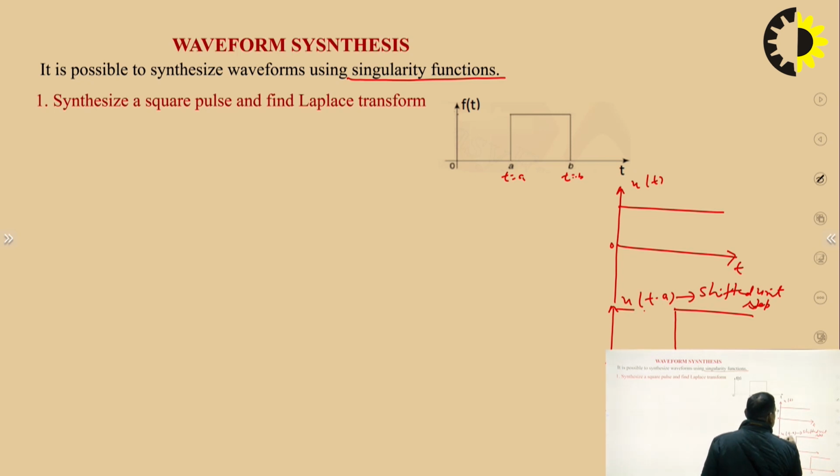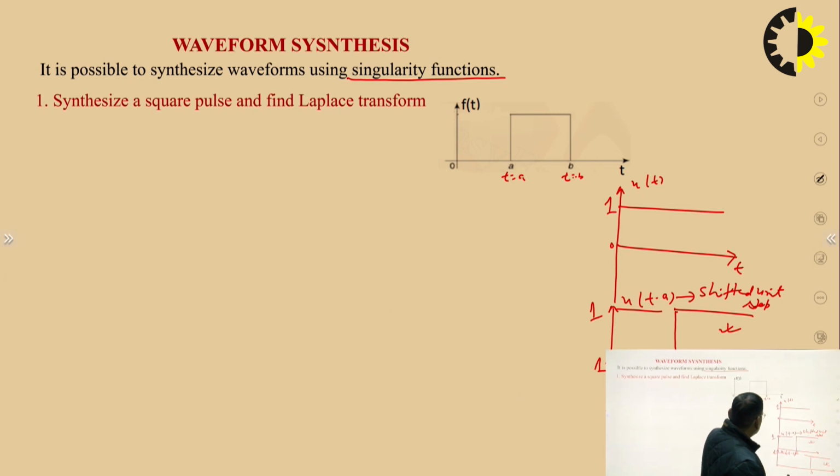Suppose this value is 1, this is 1, and this is also 1. This wave shape is starting at t is equal to a, and this wave shape is starting at t is equal to b. Suppose we subtract this wave shape from this, we get this. Try to understand how we get this square pulse. Basically it is a combination of two shifted unit steps.